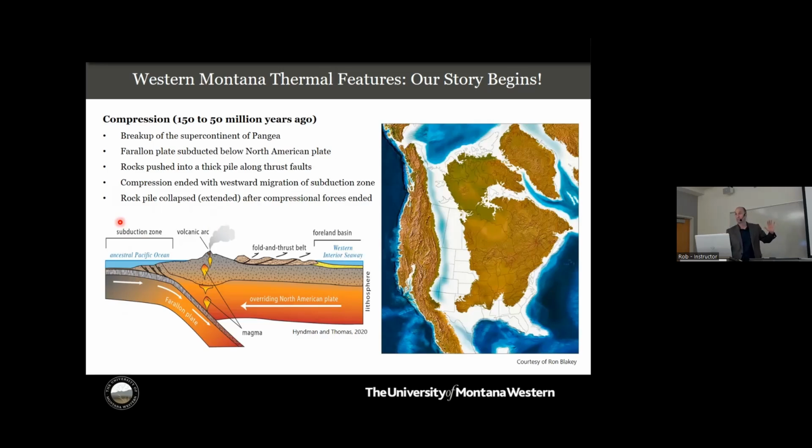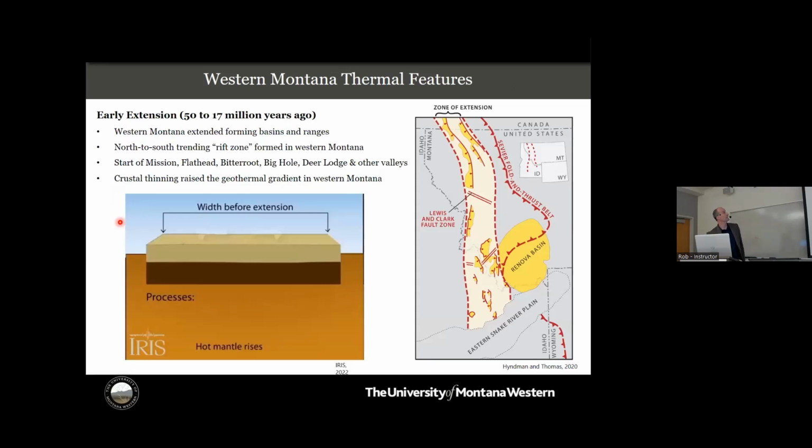So what happened is Western Montana started to extend about 50 million years ago. This is the beginning of the Mission and the Flathead and the Bitterroot and the Big Hole and the Deer Lodge and several other valleys. They all started forming about 50 million years ago. It's this big welt of compressed rock from the earlier time, the time of dinosaurs, that started to fall apart and extend.